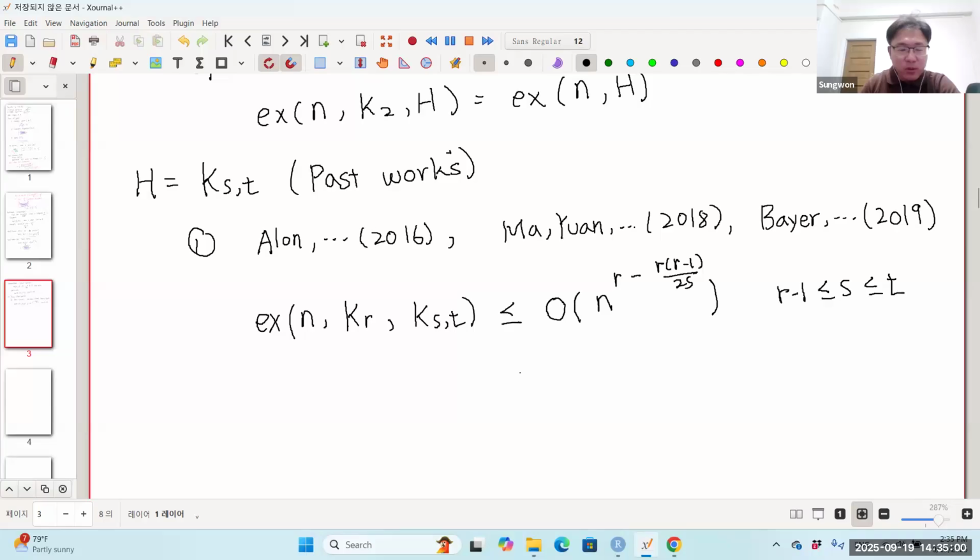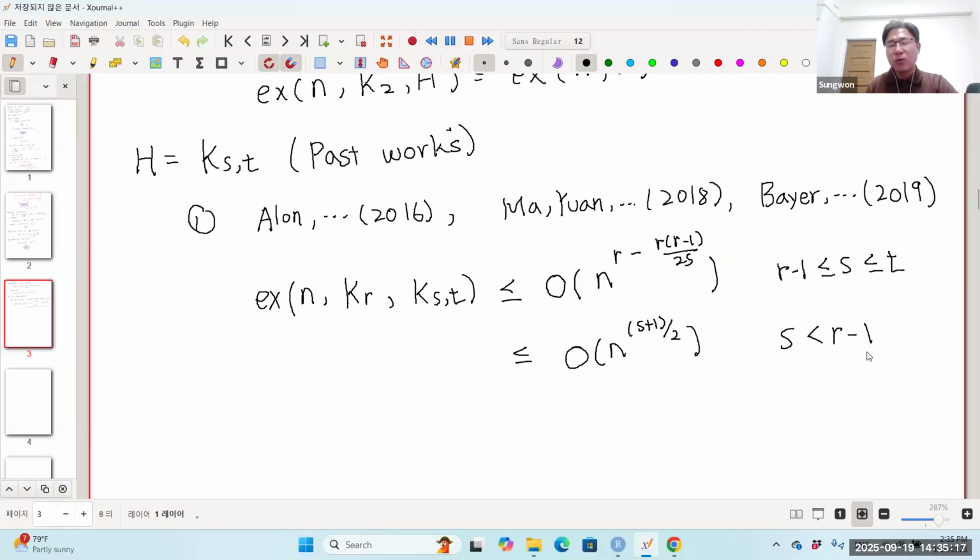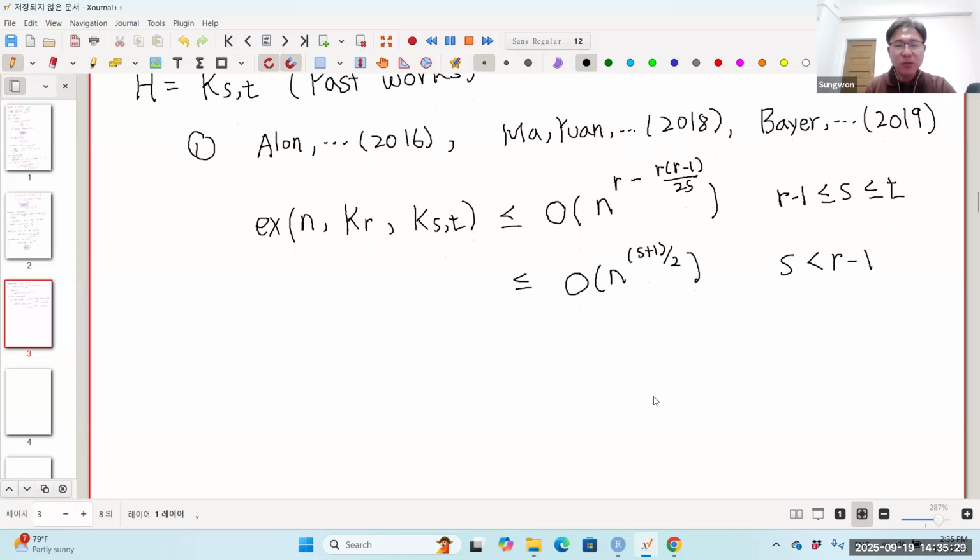And also it's order of n to the (s plus 1) over 2 when s is less than r minus 1. So they found this number of complete graphs, and there are some more for the other cases, but I don't want to write that down.